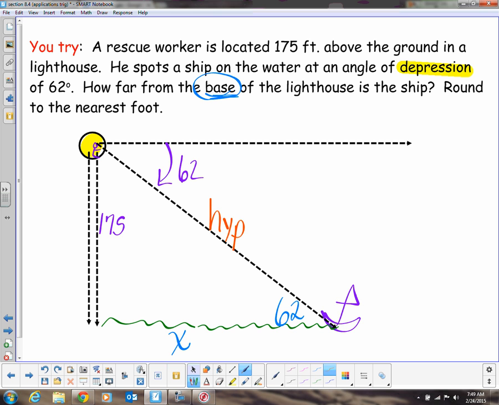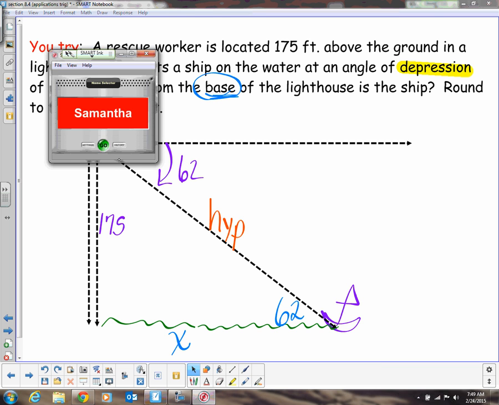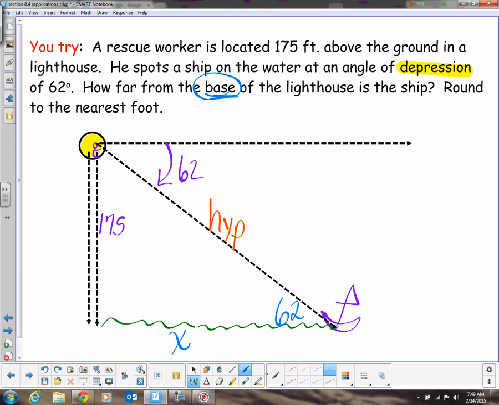So with that identified, I need to know opposite and adjacent. So which sides are opposite and adjacent, Karen? With respect to this angle down here. X is adjacent and the other one's opposite.